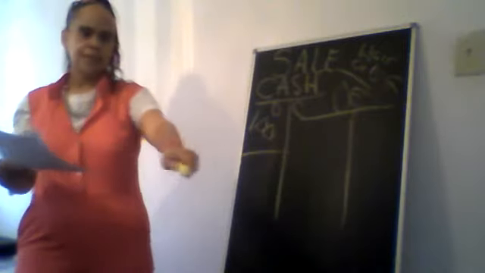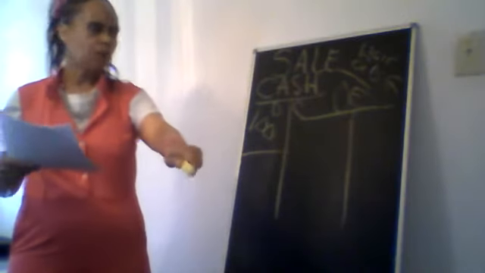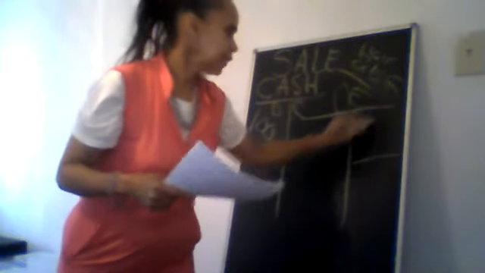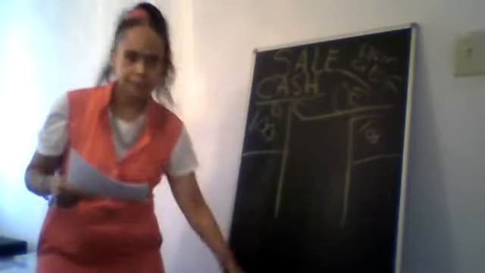I'm going to go with owner's equity. So on debit cash $100, on credit owner's equity $100. That's how I did that one. I'm going to move through these quickly.